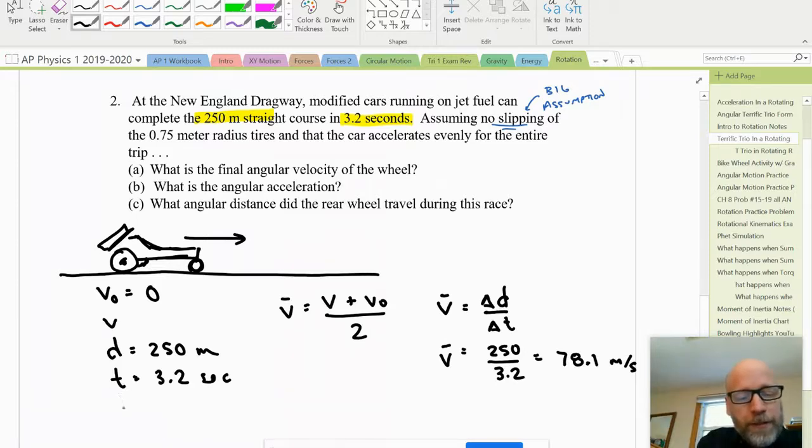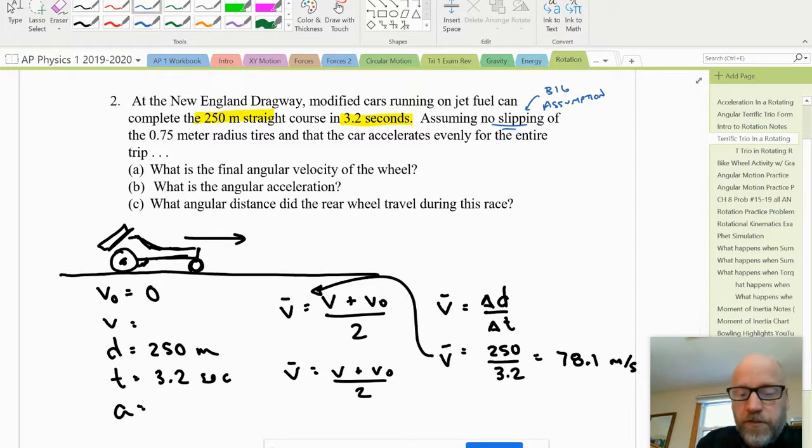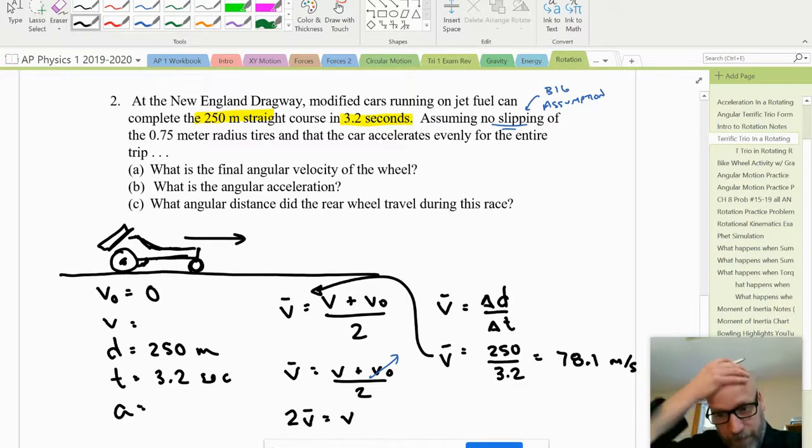So if I'm making my list here, how could I solve for the final velocity? Because then maybe if I know that, I can find the final angular velocity. Oh, I could plug it in here, couldn't I? Since the average velocity is the final plus the initial divided by 2, and the initial velocity, since it started at rest, is 0, twice the average velocity is going to be equal to the final.